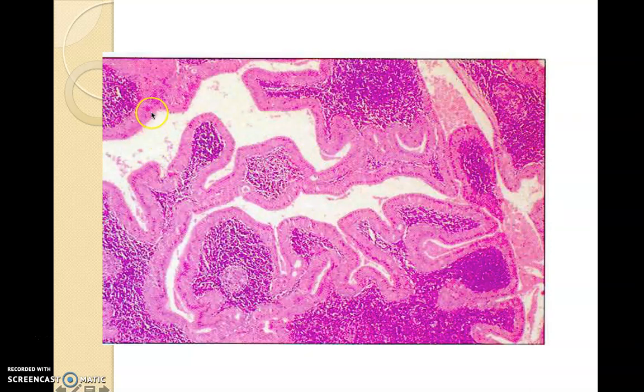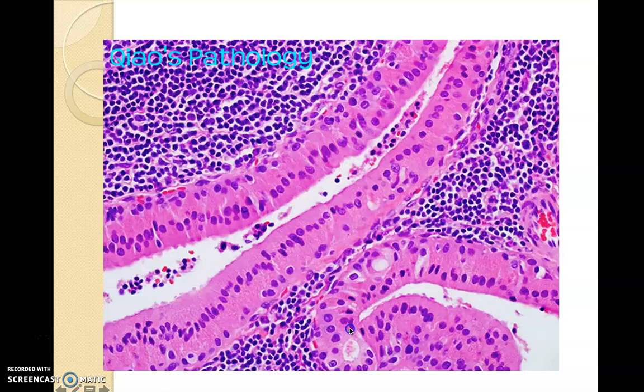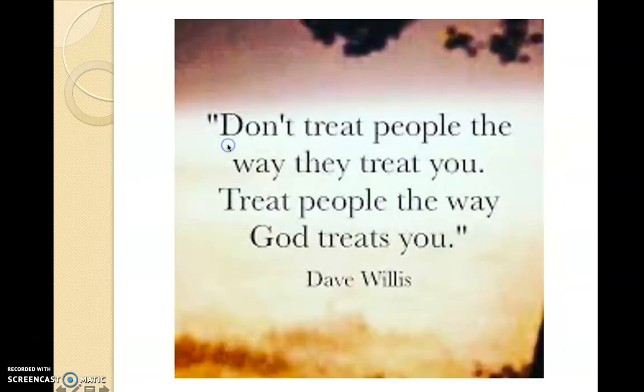So the epithelial should be the palisading luminal epithelial here, basal epithelial, and very dense lymphocytes with parts of germinal centers. Okay, so this is a very higher power. It's very obvious, the double layer and the lymphocytes.